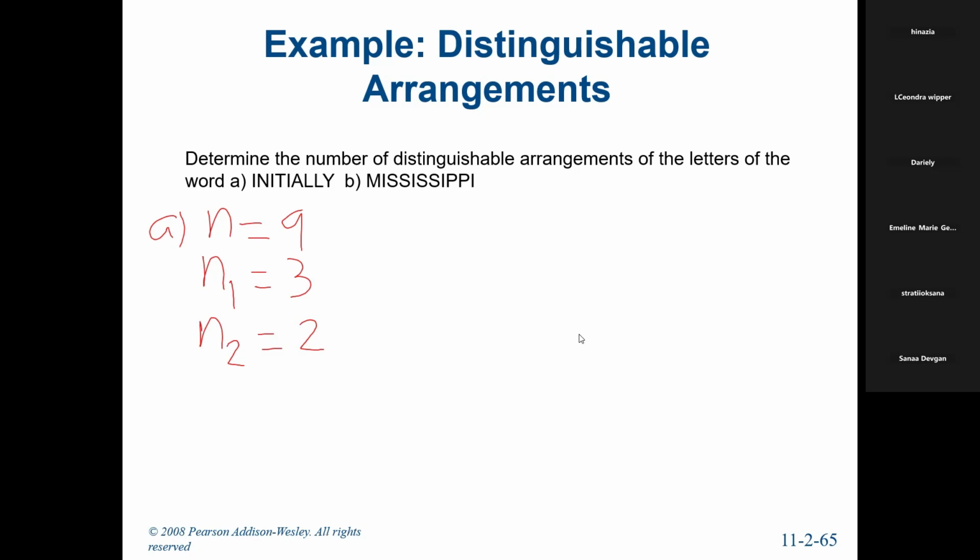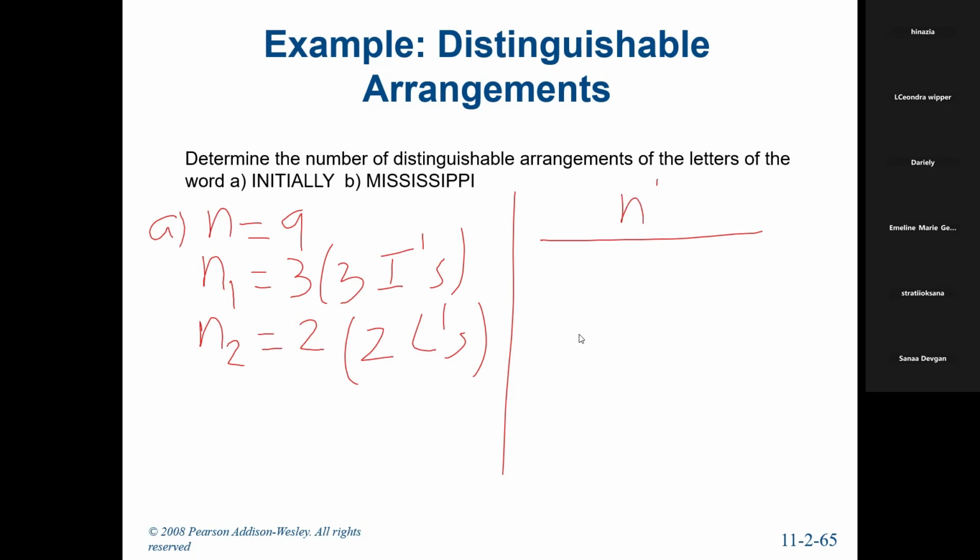N1 is 3 because we got 3 I's. N2 is 2 because we got 2 L's. So here that will give you n factorial over n1 factorial times n2 factorial. That's 9 factorial over 3 factorial times 2 factorial.